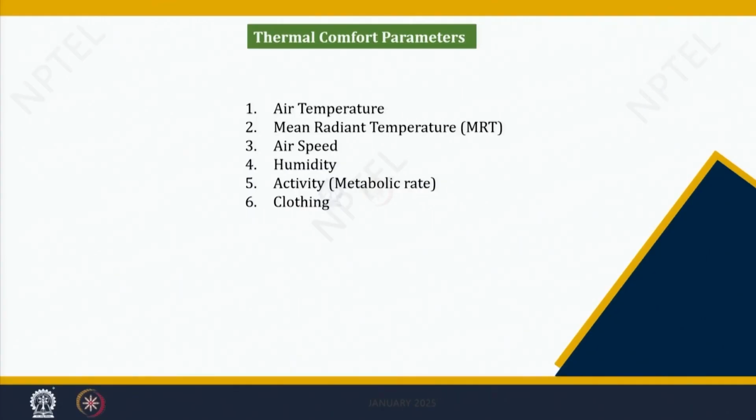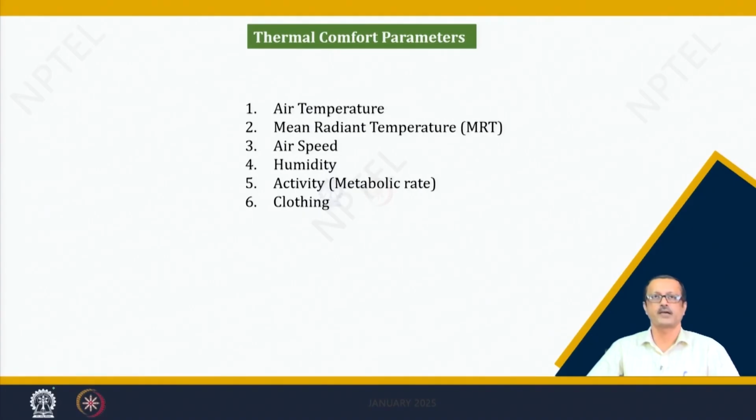As we understand from the last lecture, these 6 parameters are responsible for human thermal comfort. There are parameters like air temperature and mean radiant temperature, which we discussed thoroughly in the last lecture, the air speed, and the relative humidity in a closed condition.